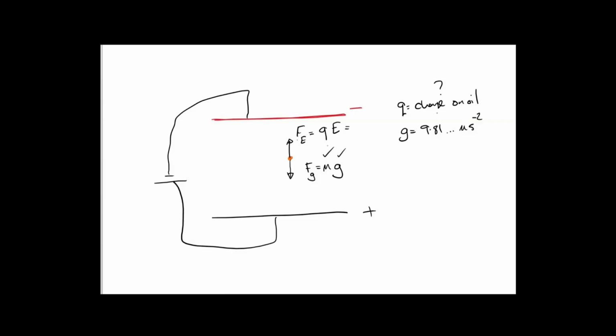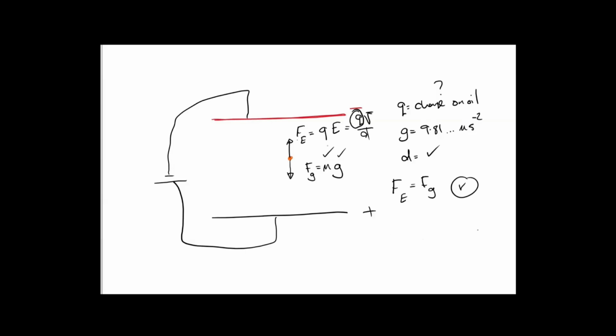And we don't know what that is. But we can work it out because E is V over D. So Q times the voltage divided by the distance, and the distance is known, it's known in meters. If we set these equal and opposite to each other, we know everything except this Q variable, and therefore we can work out what Q is.